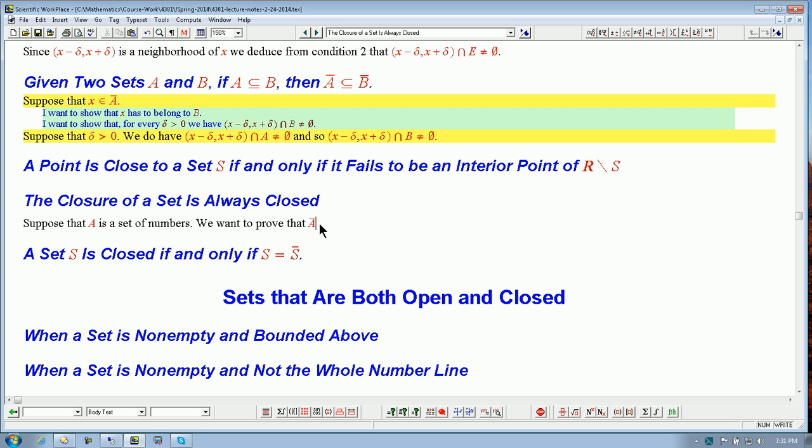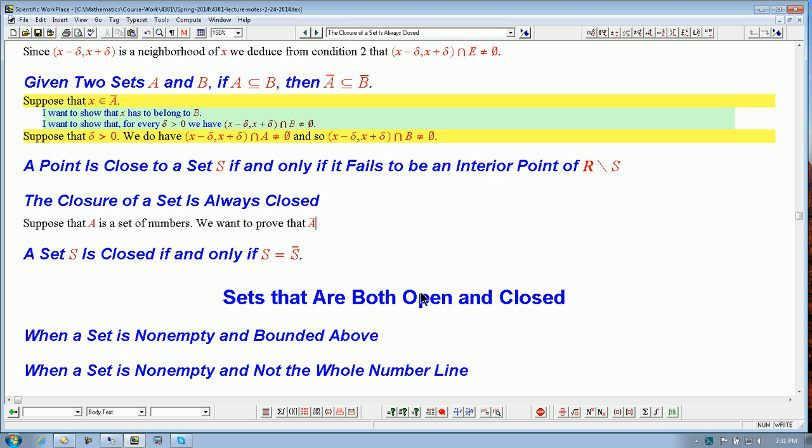If I print with Scientific Workplace, the high quality print there, it looks beautiful. But on screen, it doesn't.